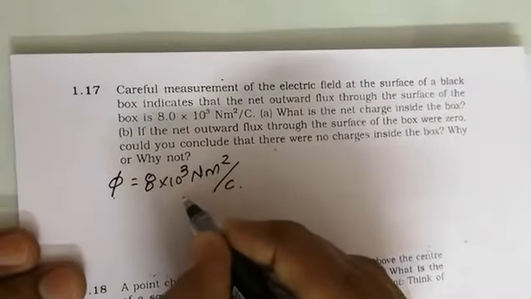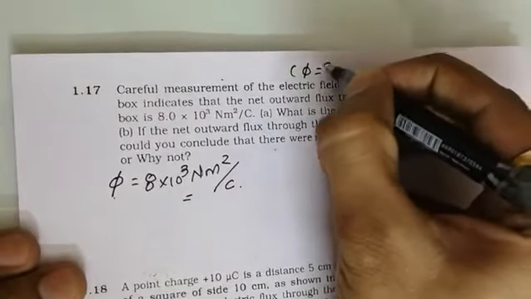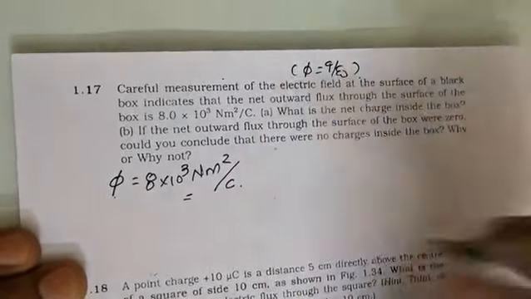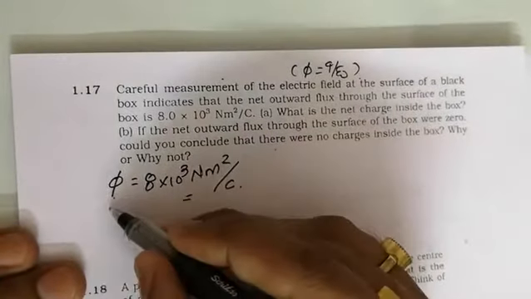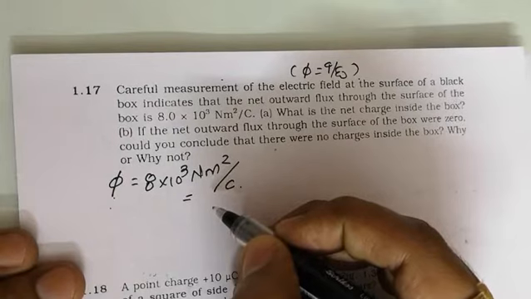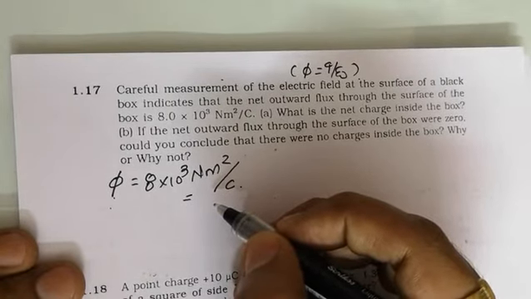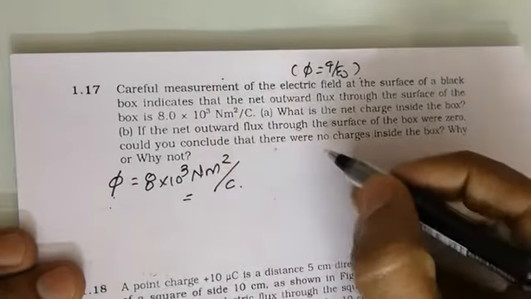That is the unit of flux phi, because flux phi is q by epsilon 0, so flux phi is 8 cross 10 to the power 3 Newton per Coulomb into meter square. The task is to find the net charge inside the box.